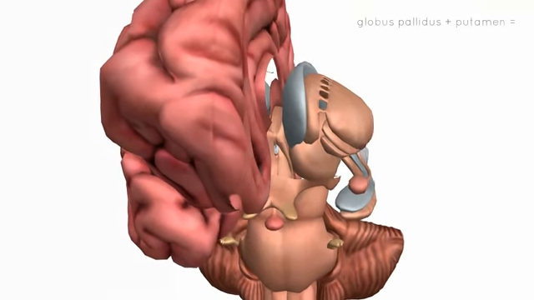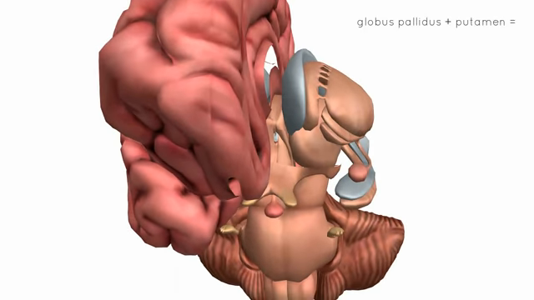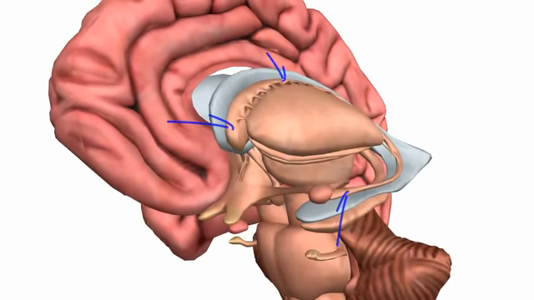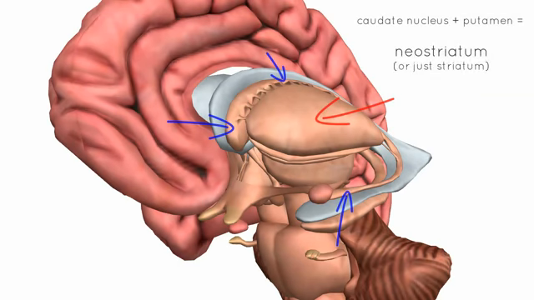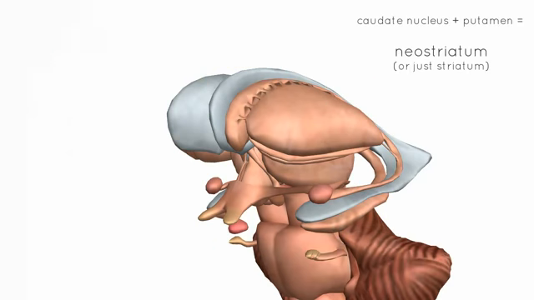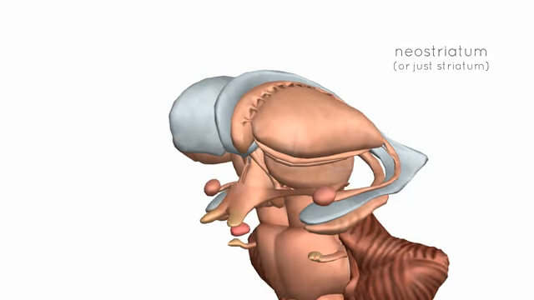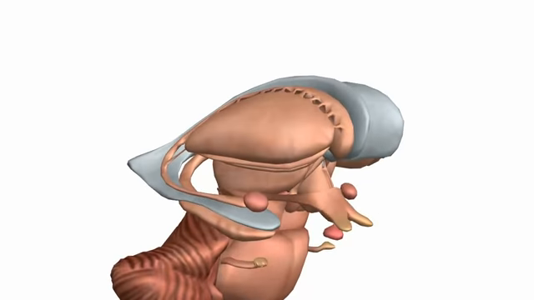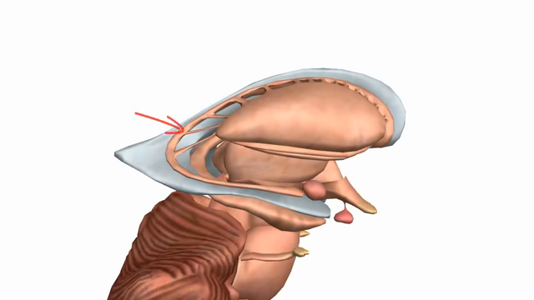So collectively, the globus pallidus and the putamen are referred to as the lentiform nucleus, or the lenticular nucleus, and the caudate nucleus, which is this structure with the head, the body, and the tail that winds round, combined with the putamen, is called the neostriatum. So you've got these structures on both sides. So if I just rotate around to the other side, you can see the C-shaped caudate nucleus. So you can see its head, the body, and the tail.